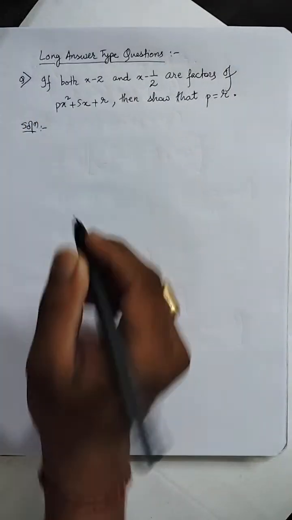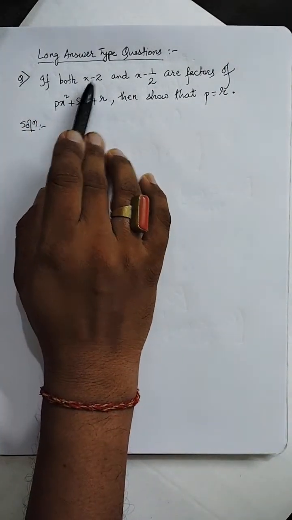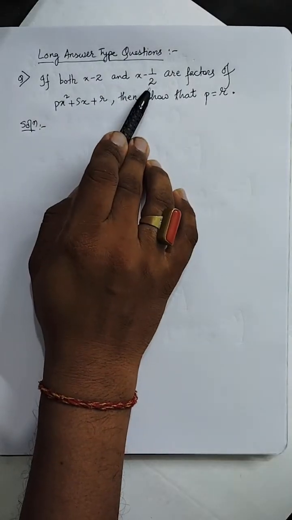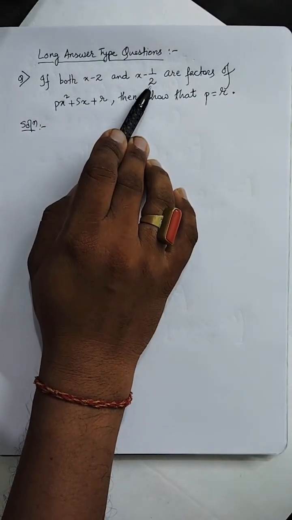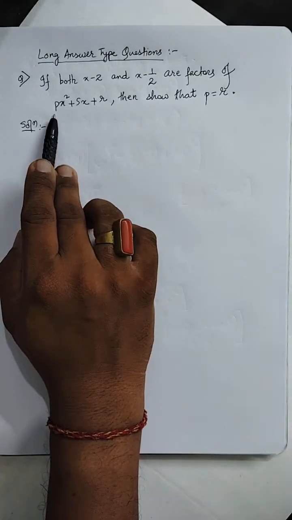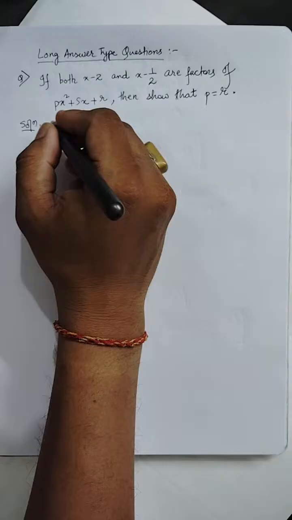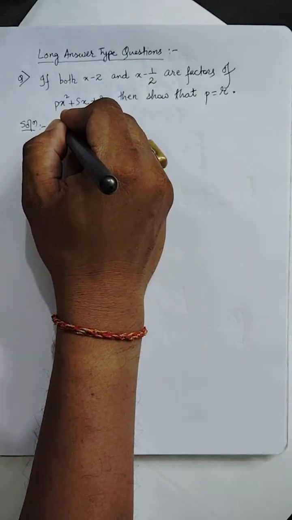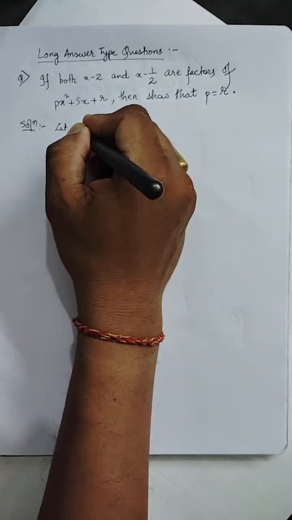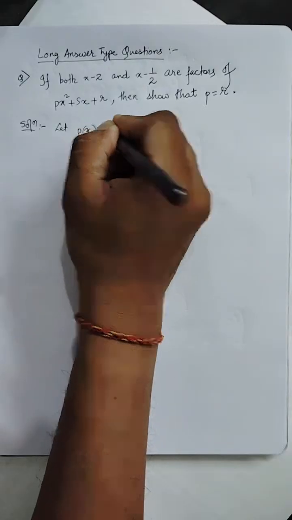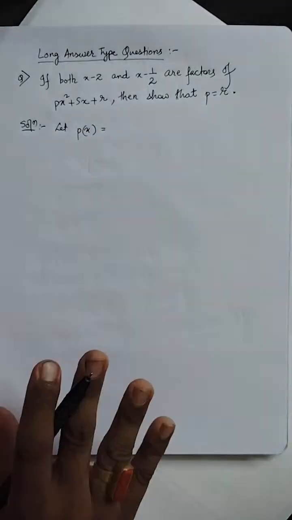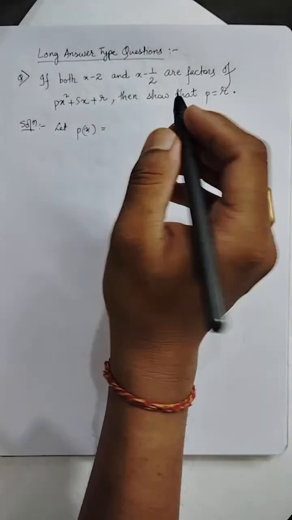Okay. So we have been given that x minus 2 and x minus half are factors of px square plus 5x plus r. So first of all, let's do one thing. We'll assume, let px, you may take px, rx, qx, whatever you want to. Okay, I'm just taking px.